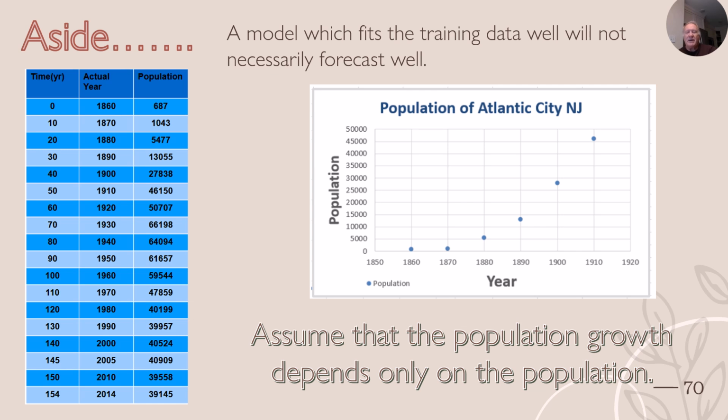So assume that the population growth depends only on the population. What I'm saying is if there's 10 people, they can only have so many babies in a year. And if you have 100 people, there's probably 10 times more babies that they can have per year. So the bigger the size of the population, the bigger the rate of growth can be.